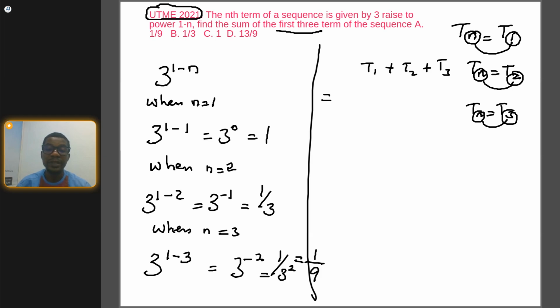Therefore, to get T1 plus T2 plus T3, I need to add up 1, 1 over 3 and 1 over 9 together. So we have 1 plus T2, which gave us 1 over 3, plus T3, which gave us 1 over 9.